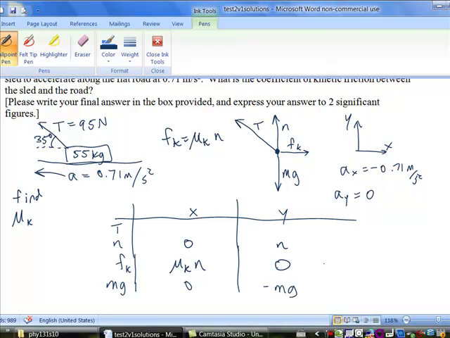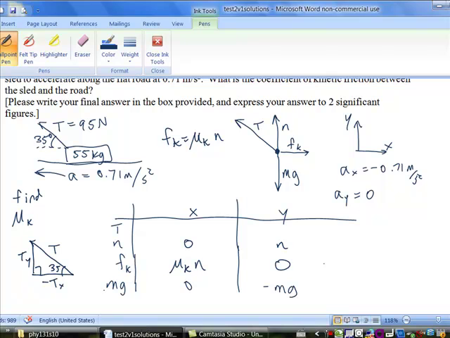So the tension is the tricky one. Let's draw over here our little tension again. Here's T. Here is going to be negative T sub x, because x is to the left, and there's our right angle, and this will be positive T sub y, and this is our 35-degree angle.